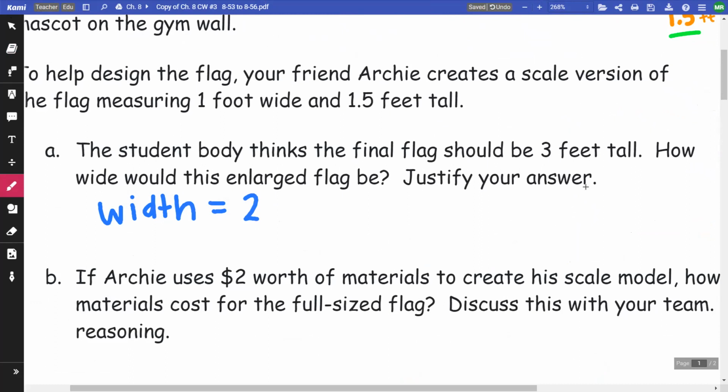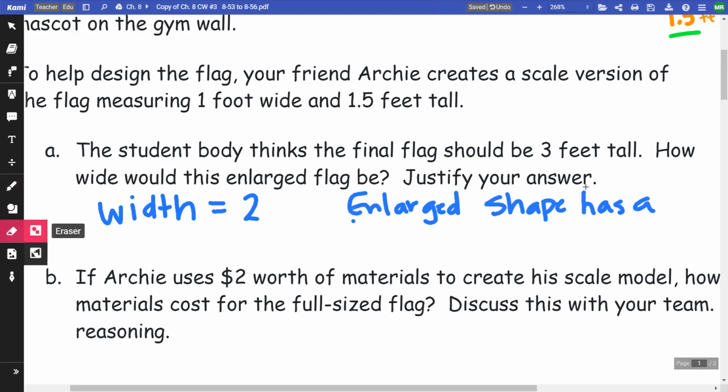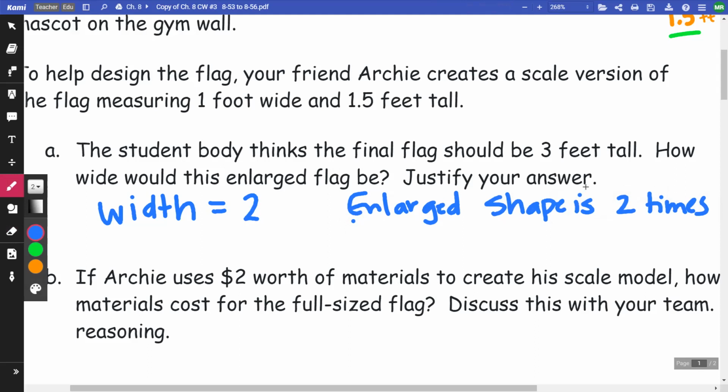The enlarged shape, well, I should say this, is 2 times taller than Archie's.